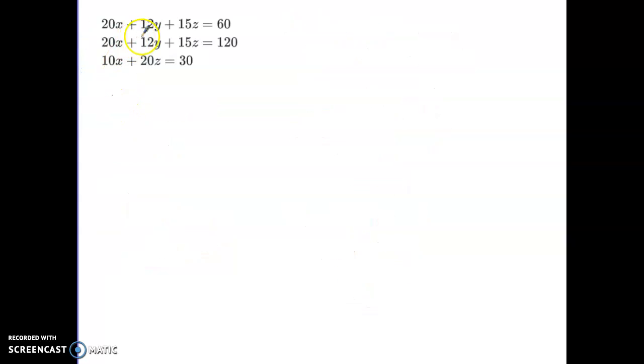This next one works out kind of interesting because if we look at these first two equations, and if we just subtract equation 1 from equation 2, the x's cancel, the y's cancel, the z's cancel, so we have 0 equals negative 60.